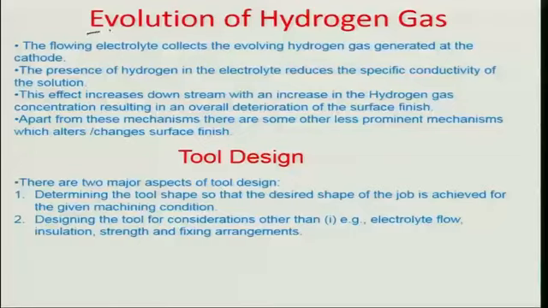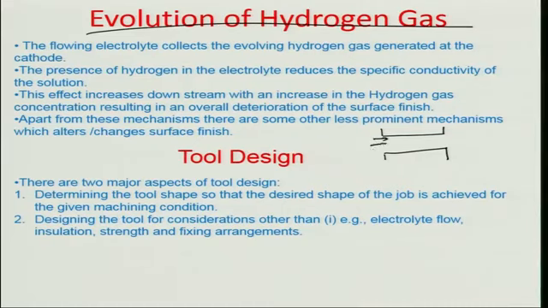The other issue related to the surface finish is the evolution of hydrogen gas. I had earlier illustrated how important it is that the concentration of the hydrogen gas, and variation therein, results in a lot of material removal issues or non-uniformities across the interelectrode gap. Just a recall that the hydrogen starts coming out the moment the dissolution starts happening from the workpiece side to the tool side.